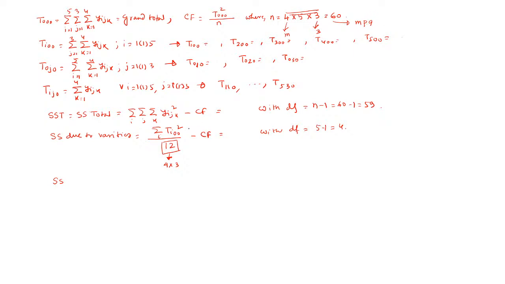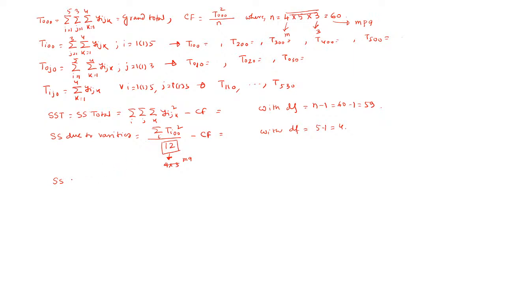So in that case you should ignore 5 because i is from 1 to 5, and divide by the product of the remaining part, that is mq, which is 12.